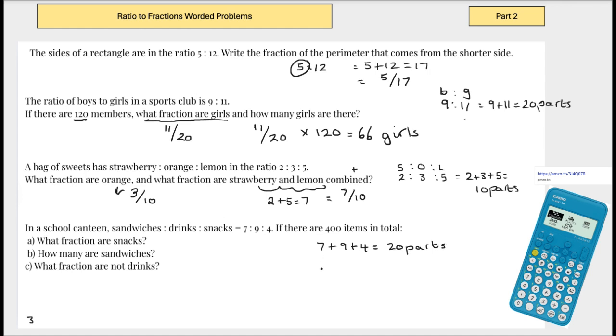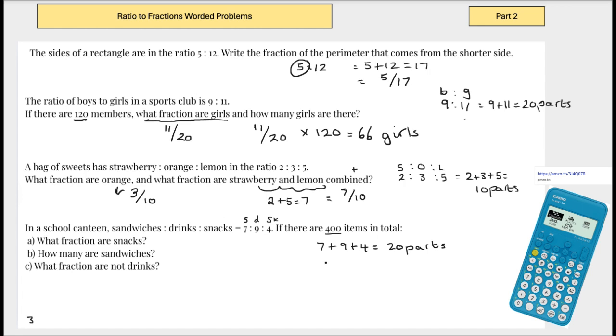So let's tackle the first one. What fraction of snacks? Well, we know that that's sandwiches, that's drinks, and that's snacks. Actually, before we do that, it says here there are 400 items in total. I think we need to tackle that first.